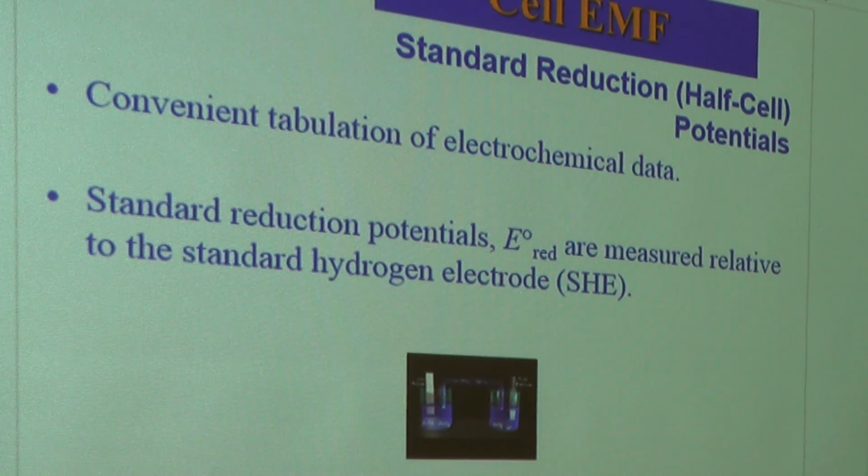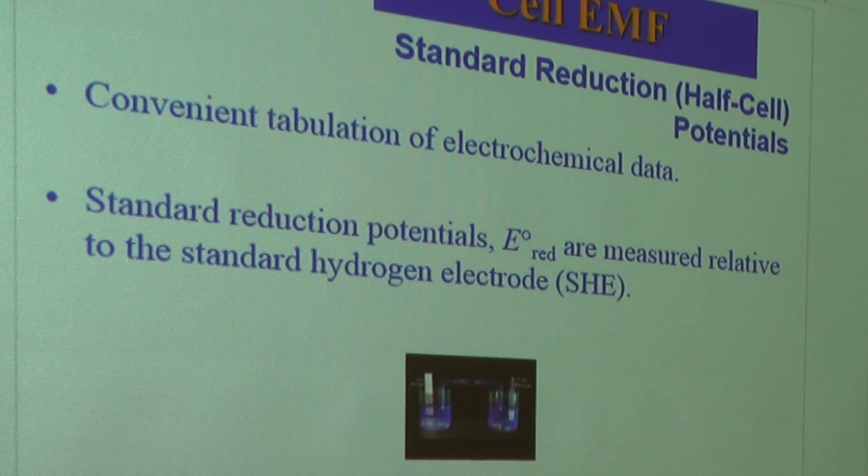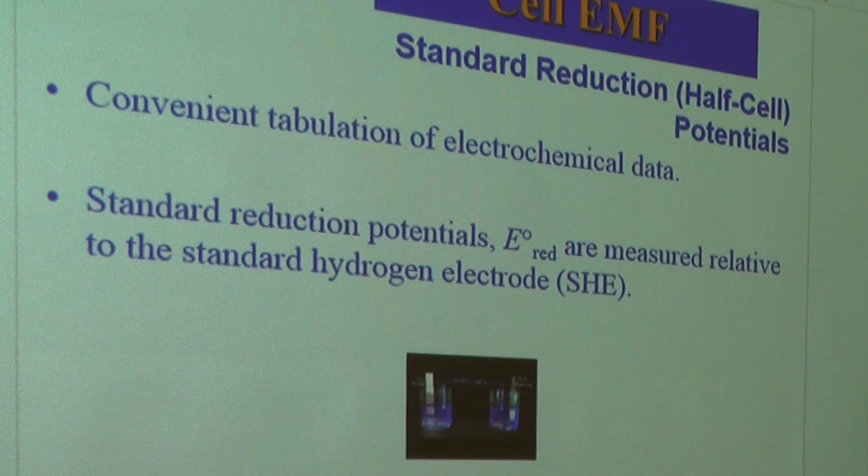So SHE, you see it there? It's called standard hydrogen electrode. And that is the standard that is used to determine reduction potentials.